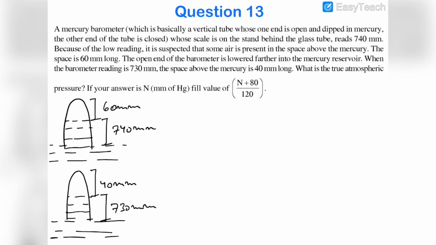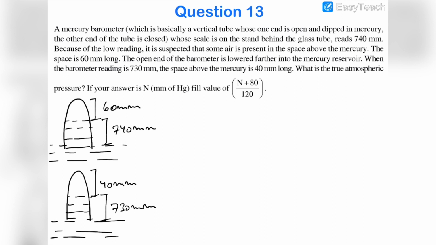In this question, you can see that there is a mercury barometer, which is a vertical tube whose one end is open, and the open end is being dipped into the mercury, and the other end is closed, which is outside the mercury. So this mercury barometer initially is being dipped into mercury, and the air trapped above the level of mercury has a length of 60 mm, and the mercury level in the barometer is 740 mm.